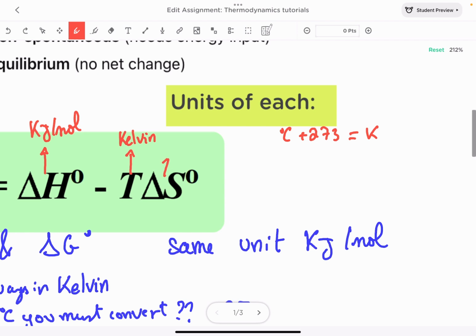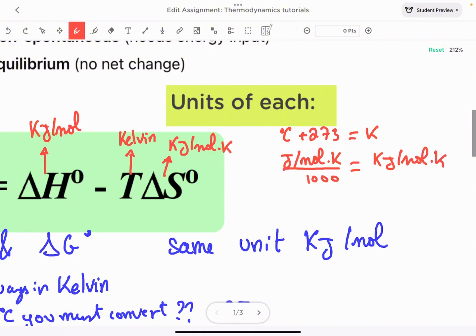And delta S must be changed to kilojoule per mole Kelvin, and it's usually given in joule per mole Kelvin. So you divide it by 1000 to get it in kilojoule per mole Kelvin.